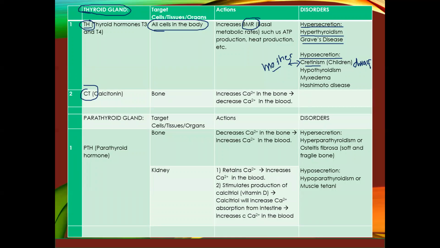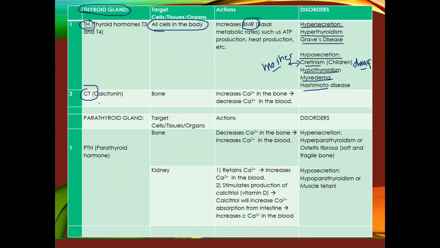This is dwarfism in a baby whose mother has hyposecretion of the thyroid hormone. If this is an adult, it will cause what we call hypothyroidism, myxedema, Hashimoto disease. All of these hyposecretion disorders will have similar signs and symptoms, for example, they are sensitive to cold.